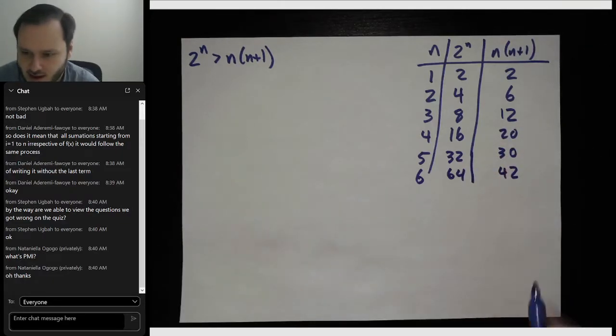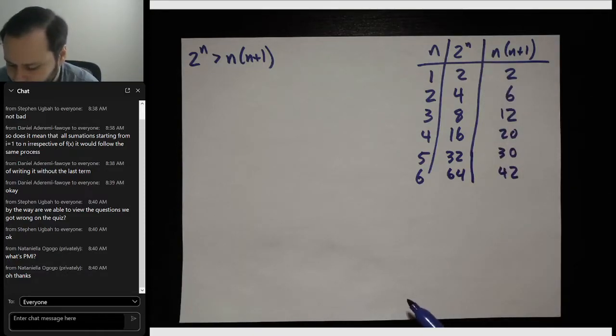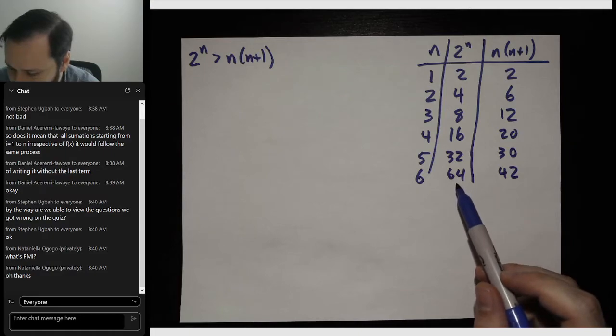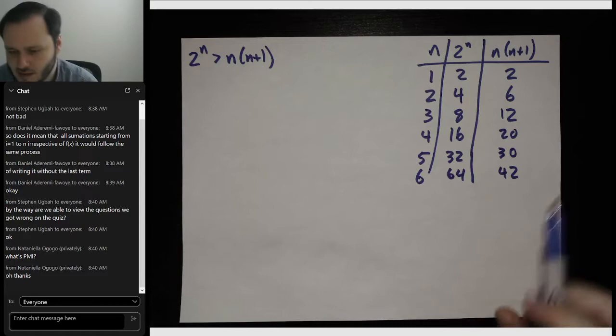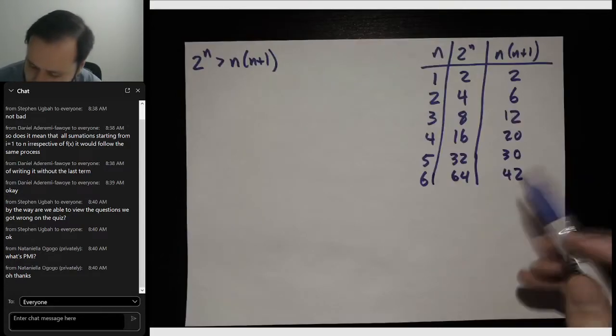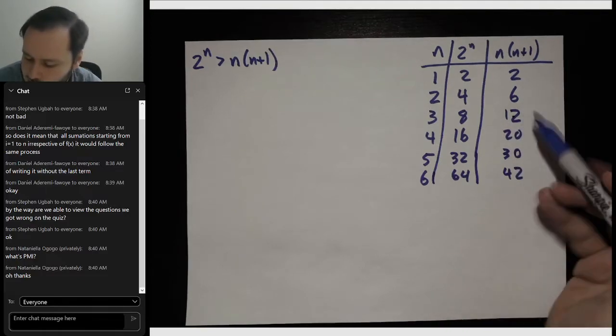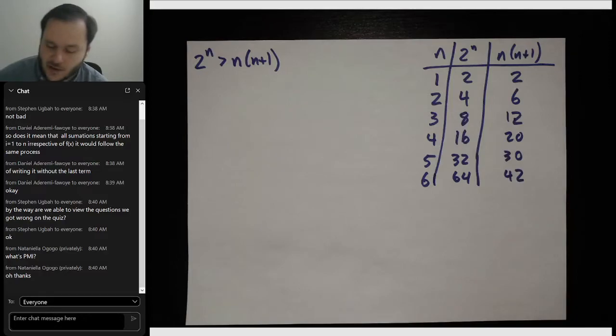And it looks like, at this point, 2 to the n is going to win. It looks like 2 to the n has gotten bigger than n times n plus 1, and it's always going to be bigger from now on. But I don't know that for sure, right? n times n plus 1 was bigger earlier on. Maybe it'll be bigger again.